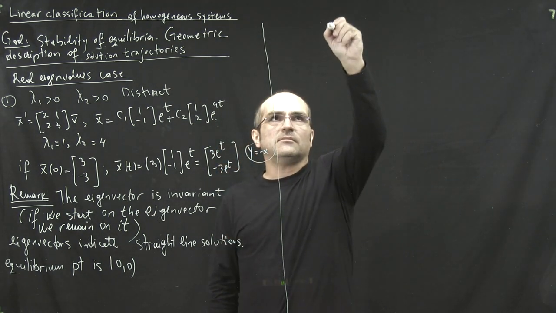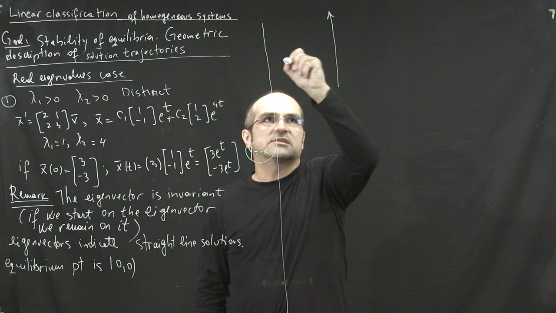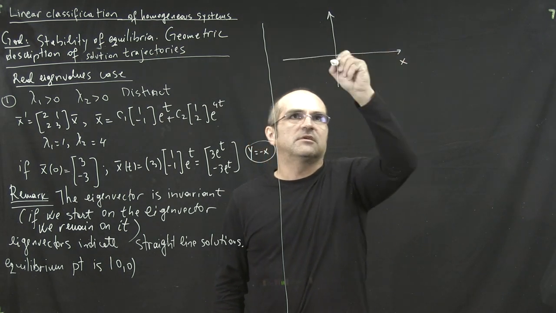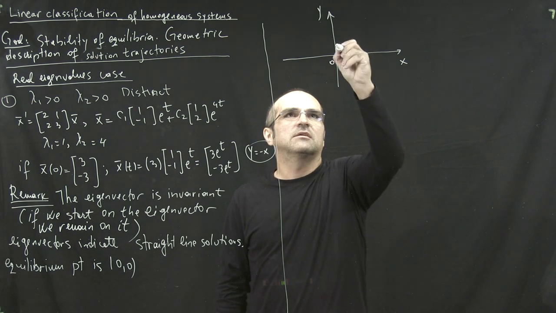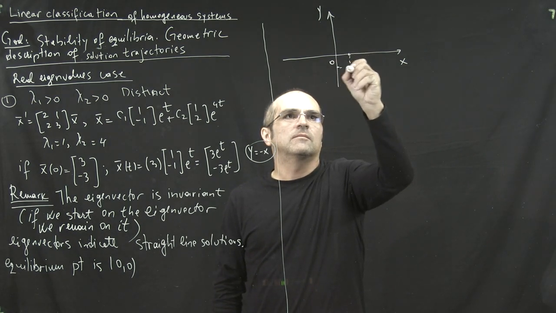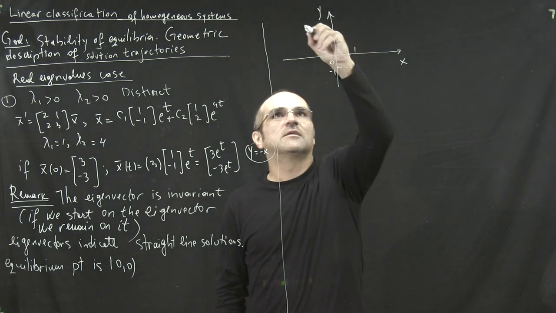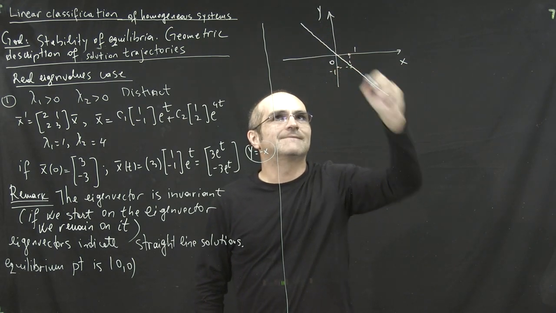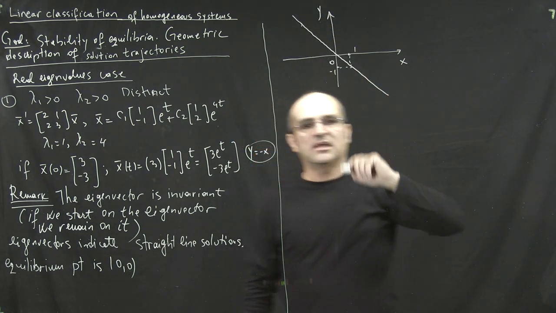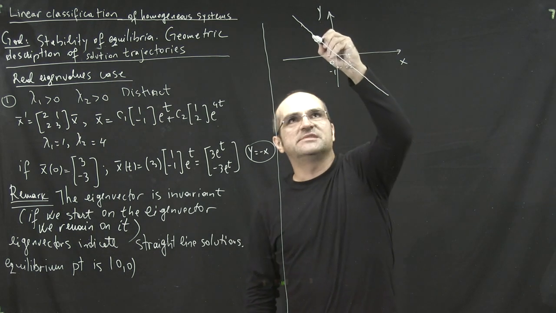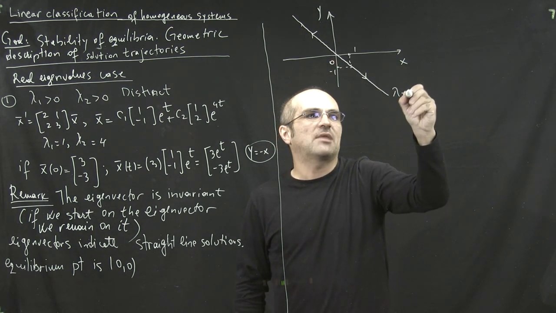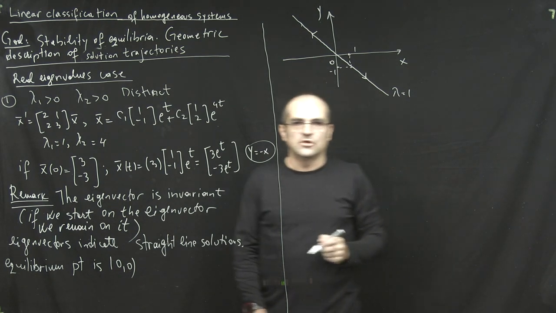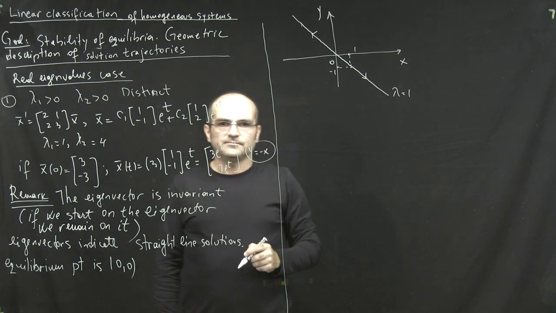So for this case, we're going to have one eigenvector 1, minus 1. So that's 1 and minus 1. And I'm going to indicate with arrows away from 0 the fact that lambda is positive. So this corresponds to lambda equals 1, the eigenvector corresponding to lambda equals 1.